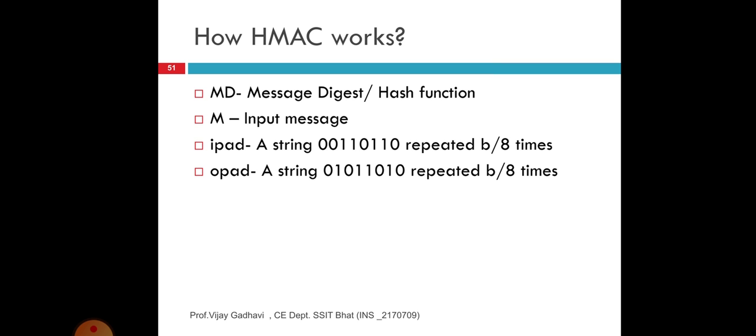IPAD is a string repeated 8 times and OPAD is the same as well. Here we are seeing the string values in binary format: 00110110 for IPAD, and for OPAD it is the string 01011100, represented 8 times.